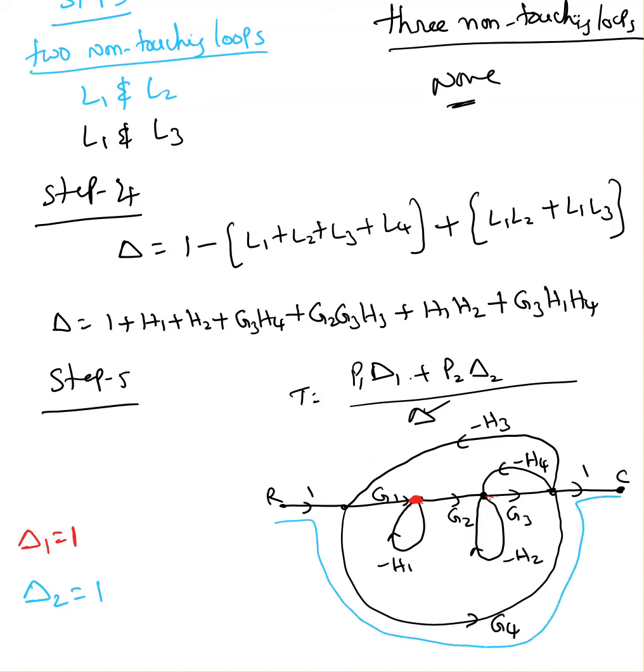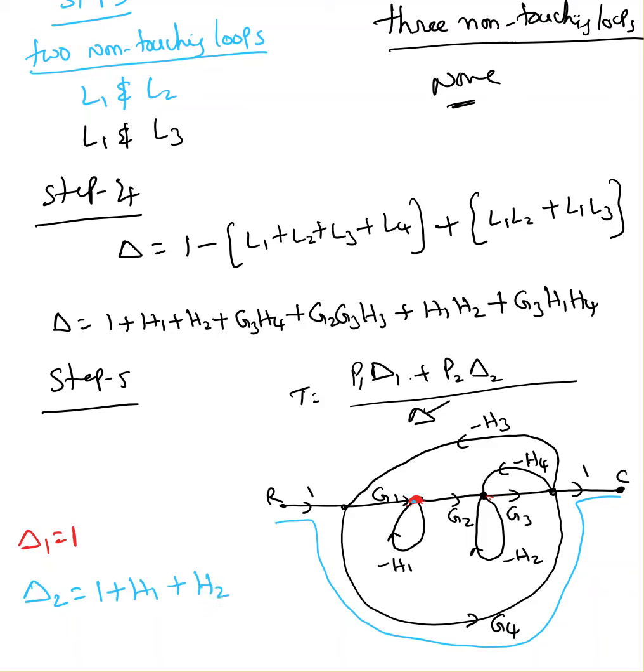So I'll put 1. H1, is it touching our path 2? I'm talking about path 2. H1 is away from this path 2, and it is not touching it at a node or on the path. So for sure include that one. Same thing with H2, include that one.